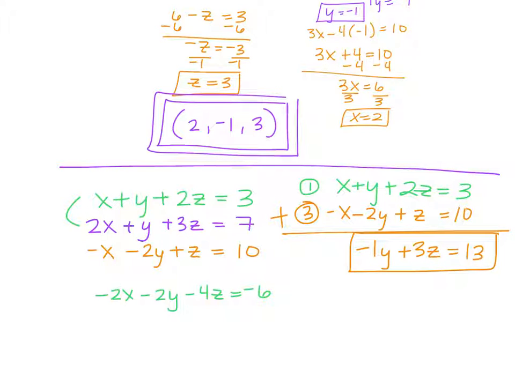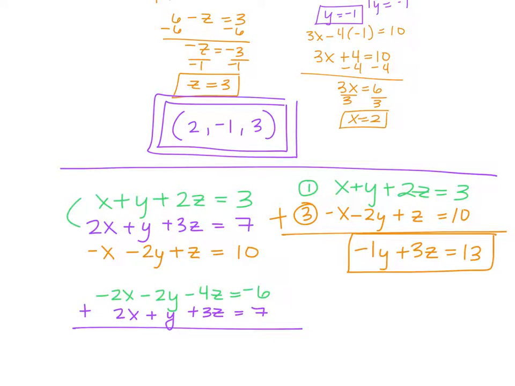You could have done 2 and 3, yeah. Okay. And now you have 2x plus y plus 3z equals 7. Okay, so add these together.